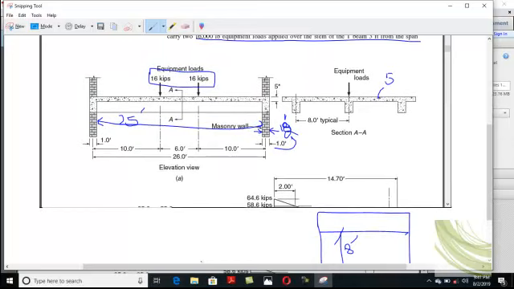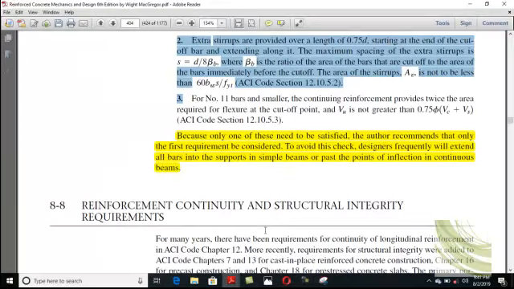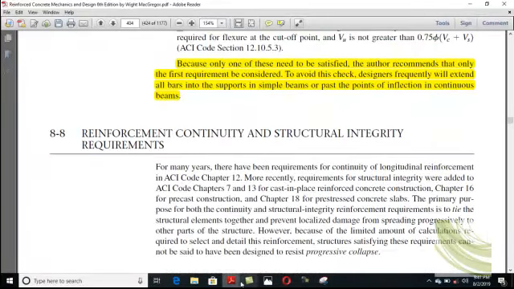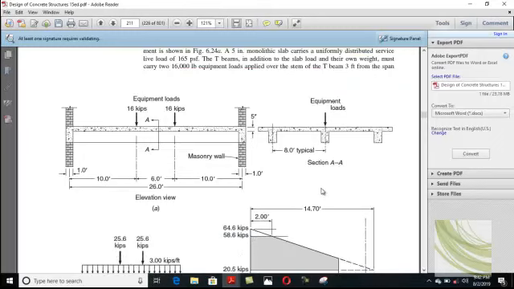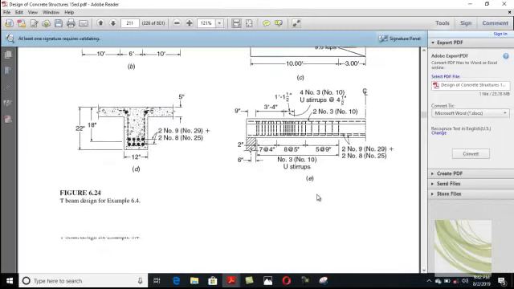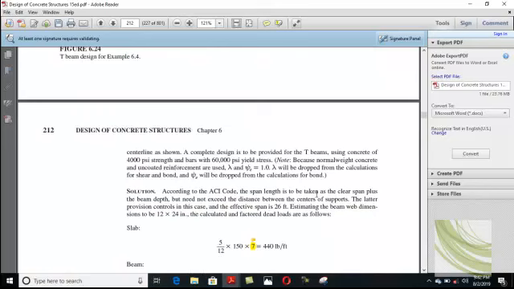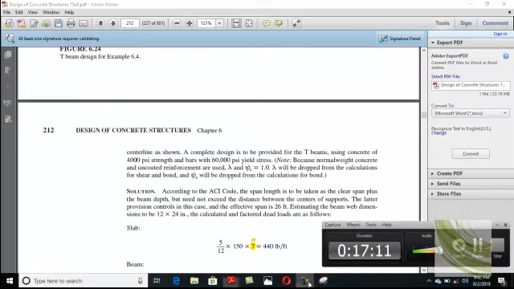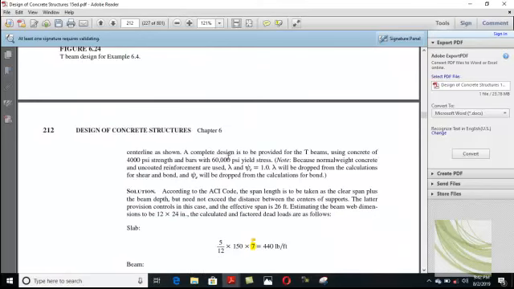As shown, a complete design is to be provided for the T-beam using concrete of 4,000 psi and steel of 60,000 psi, with normal weight concrete and uncoated reinforcement, so your lambda and psi e will be equal to 1.